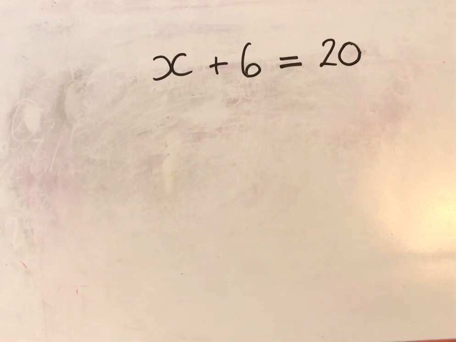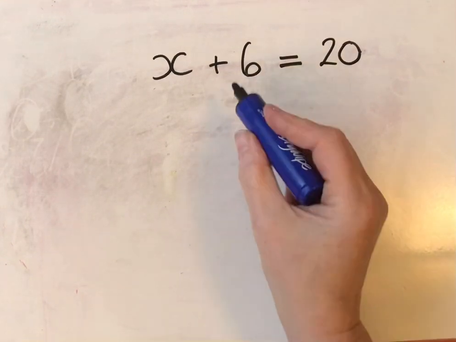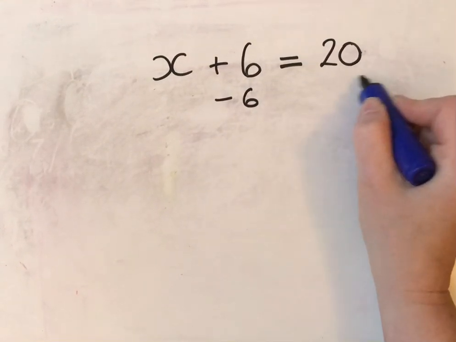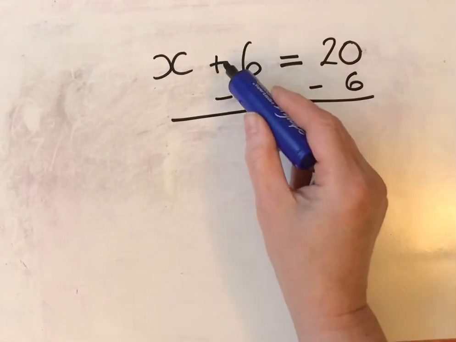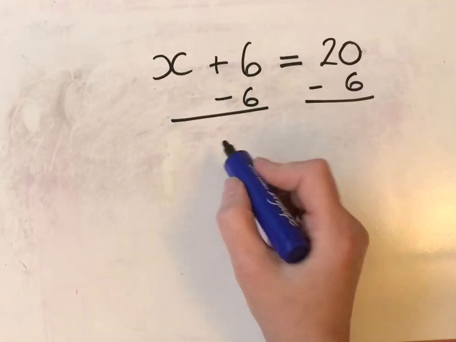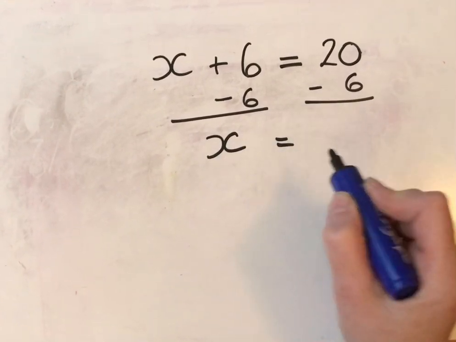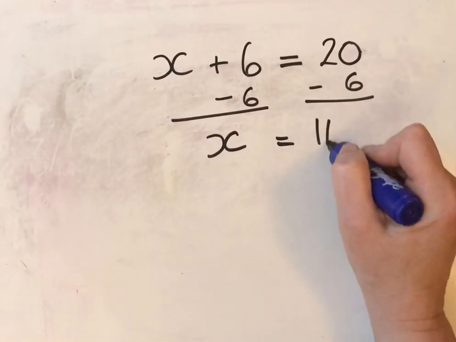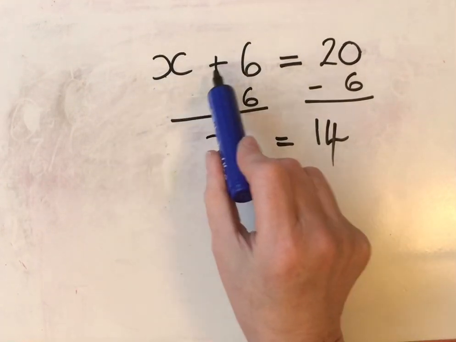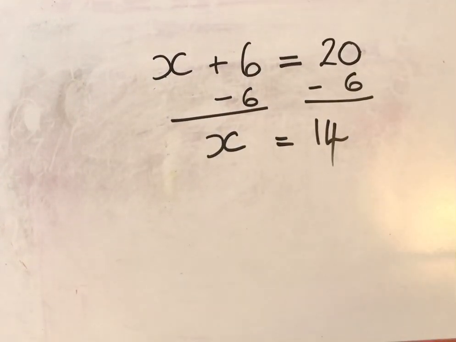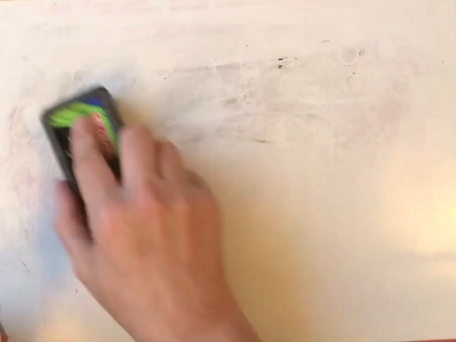What did I get before I added 6? Well, the inverse of add 6 is minus 6. So I'm going to take away 6 from both sides. 6 take away 6 is 0, so x on its own. 20 take away 6 is 14. And let's double check. What's 14 plus 6? 20. Did you get that right? I hope so. Next one.